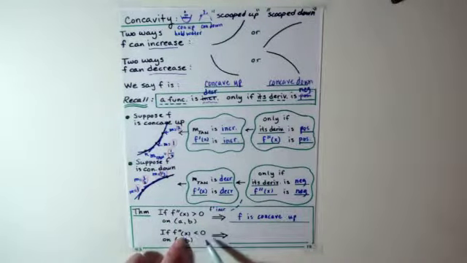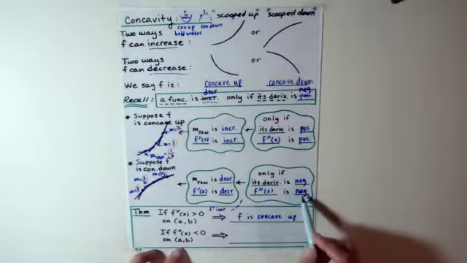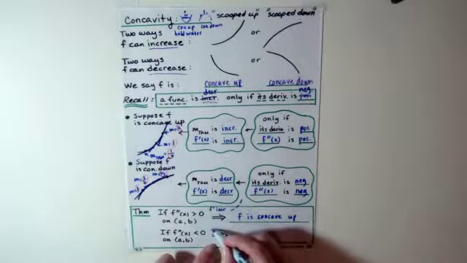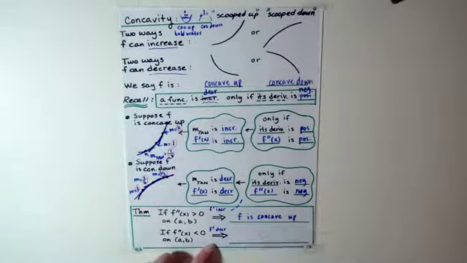If f double prime is less than 0 on some interval of x values from a to b, same thing as saying f double prime is negative. Well, what does that mean? I'm going to put the little in-between bubble in here. That means f prime is decreasing as we move to the right.